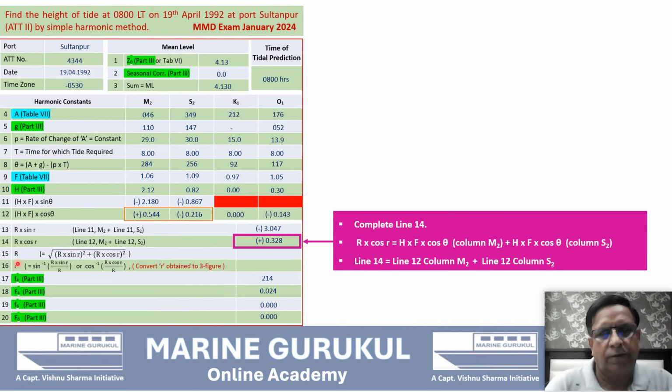We call line 14 capital R into cos of small r. Capital R into cos of small r is nothing but h into f into cos theta for M2 plus h into f into cos theta for S2. That is line 12 column M2 plus line 12 column S2.